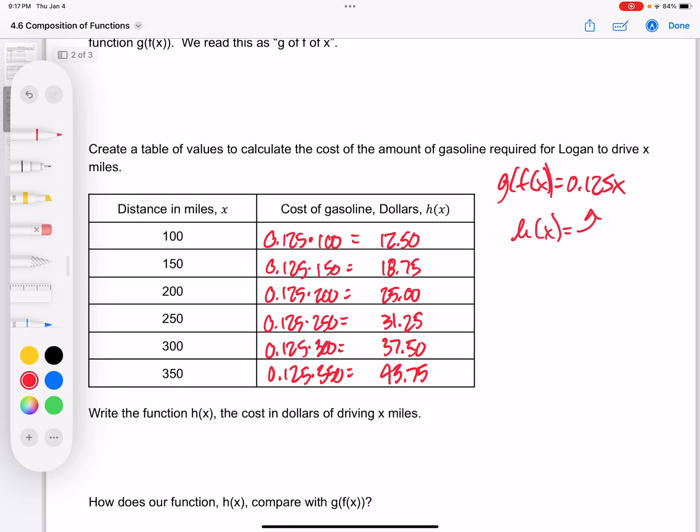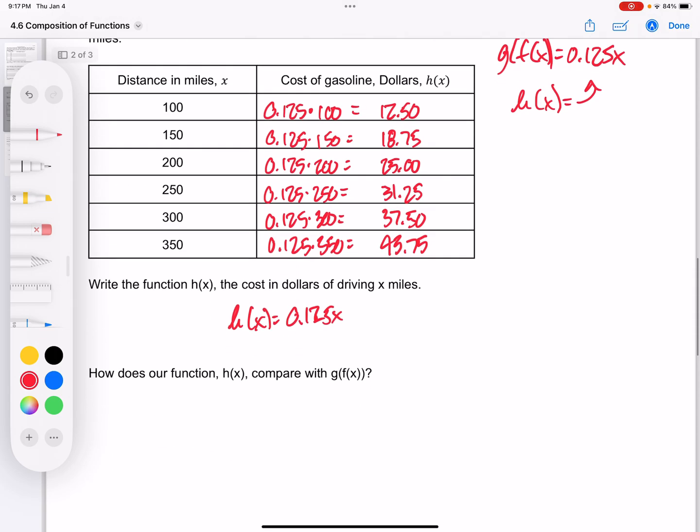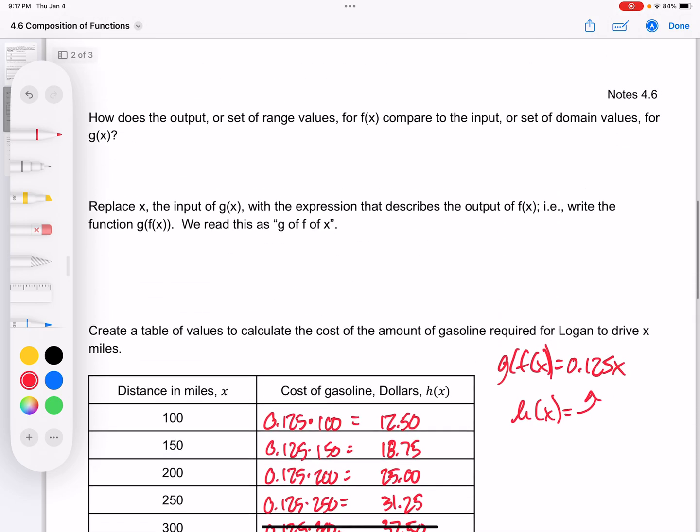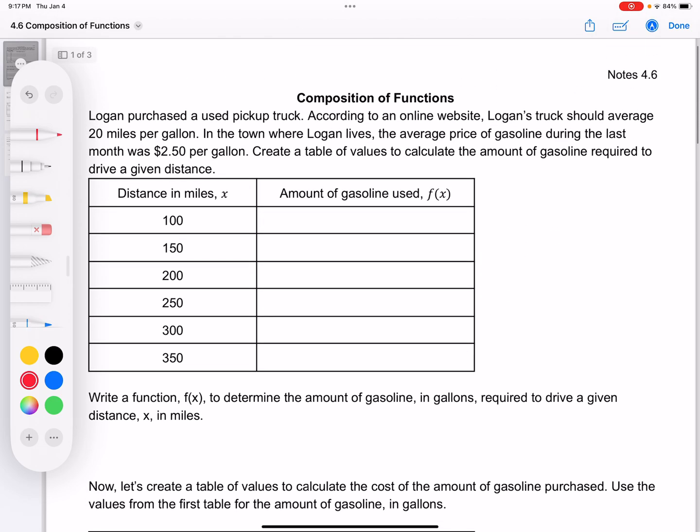So what is the function h of x? Well, as we just revealed before, h of x equals 0.125 times x, and this is the same. So what we did, and I know it's been deleted from record, we started with the distance in miles.